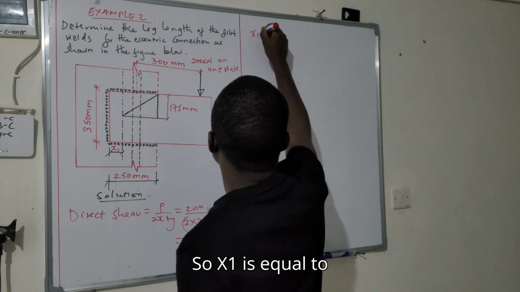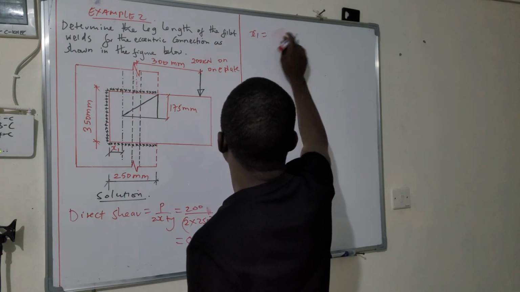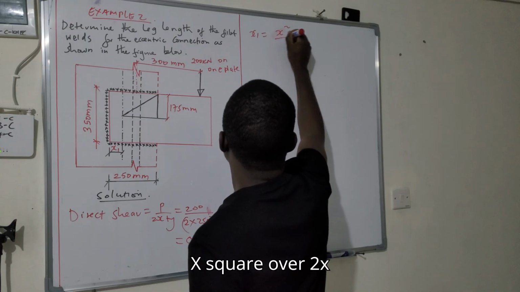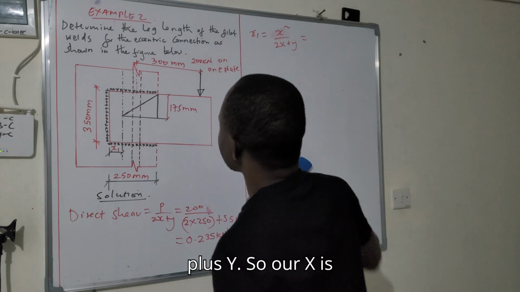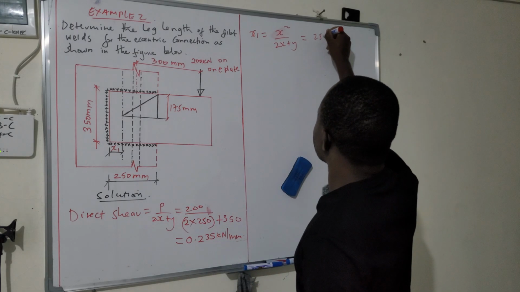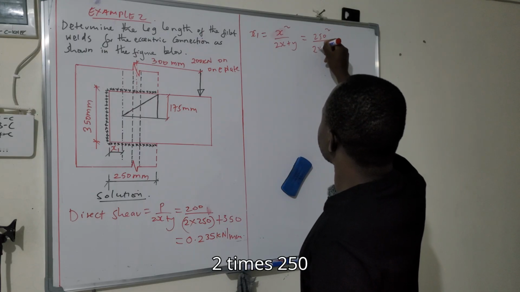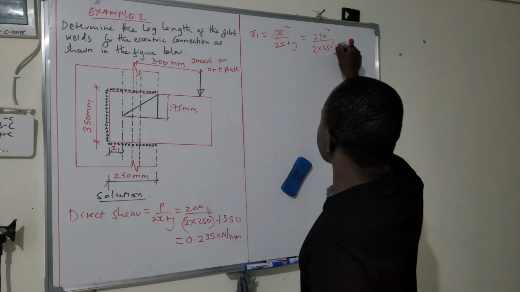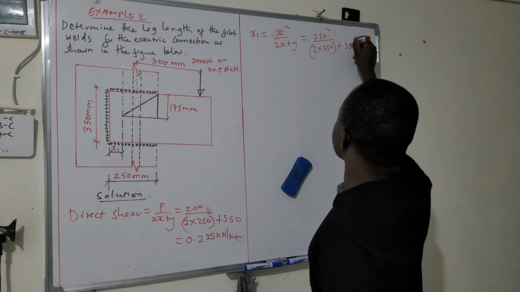So x1 is equal to 250 squared over 2 times 250 plus y, where y is 350.